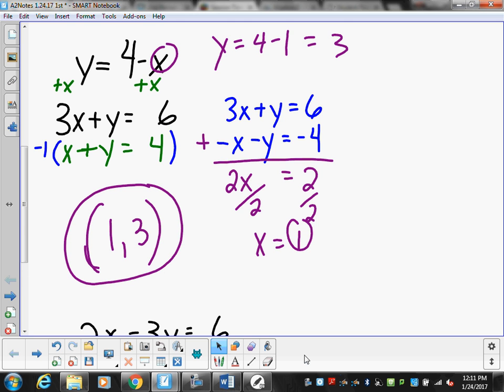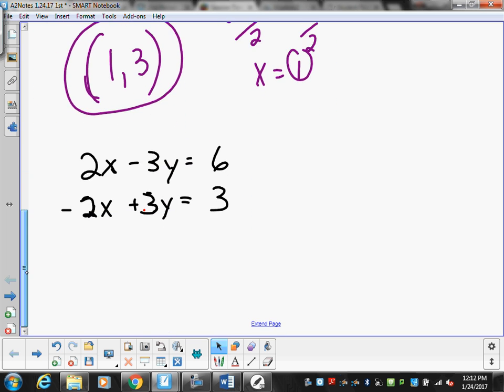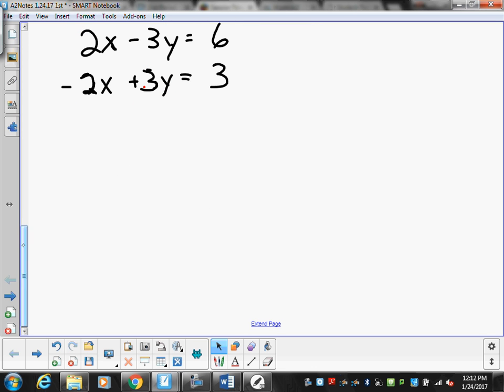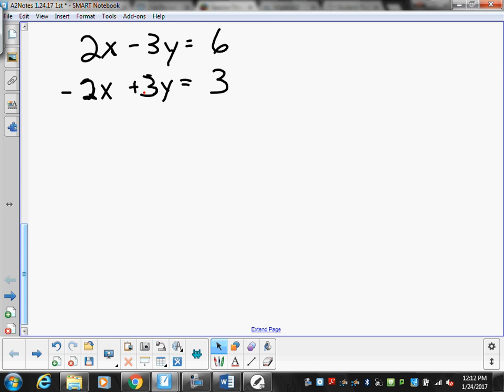Okay, so last type. What if you have something like this? Which variables are opposites here? Both of them. So what happens if I add these two equations together?